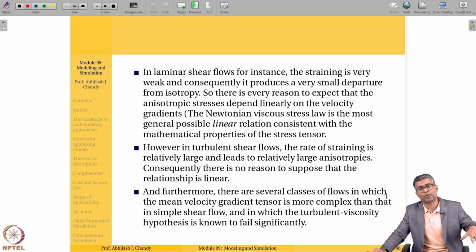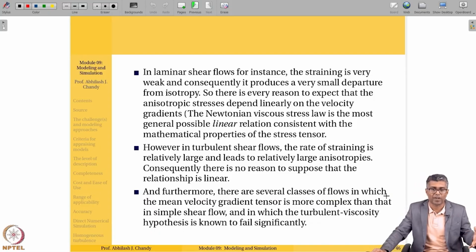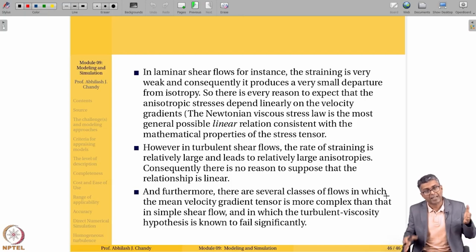In laminar shear flows, for instance, the straining is very weak and therefore produces a very small departure from isotropy. So there is every reason to expect that the anisotropic stresses depend linearly on the velocity gradients, and that is Newton's law, that Newtonian stress is proportional to the strain rate.